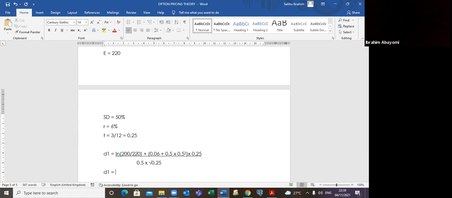Let's get our calculator. So I press open brackets 200 divided by 220, close bracket. I have minus 0.0953.